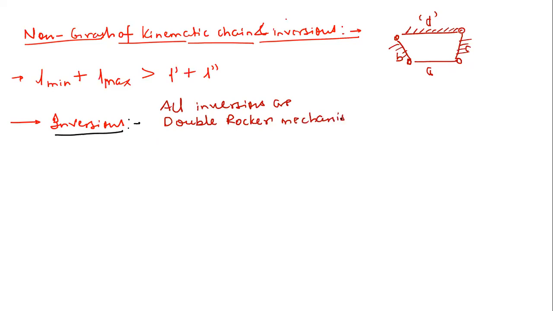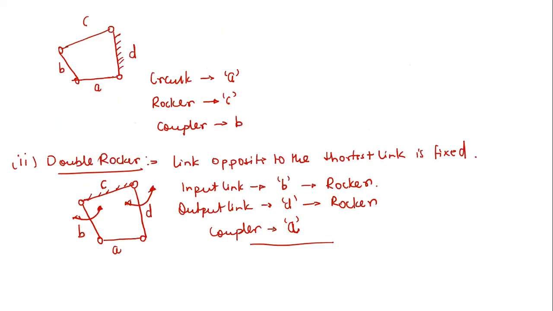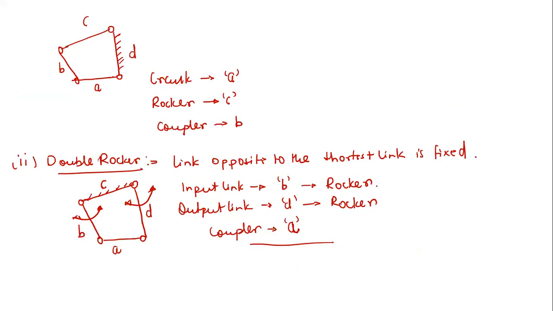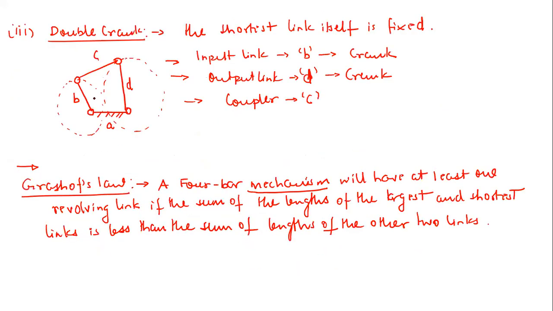And very important thing, see, in the previous case, let me mention one important thing. According to Grashof's law, we saw that if the Grashof criterion is satisfied, then at least one link will revolve. So here the link A was revolving in the crank rocker case. If you come to this one here, both B and D were revolving, making a complete rotation.